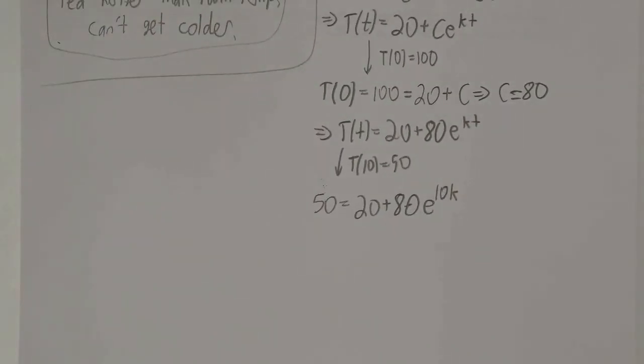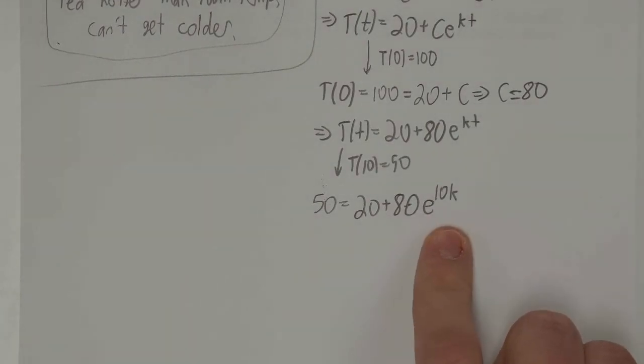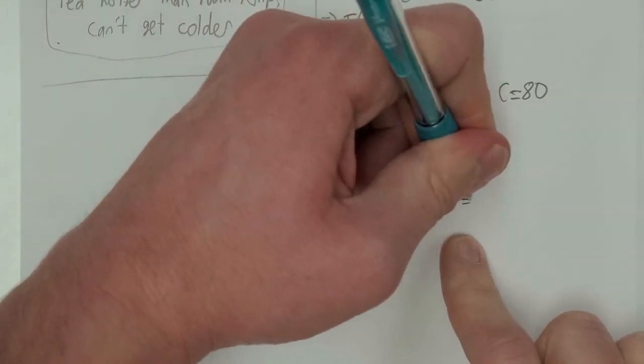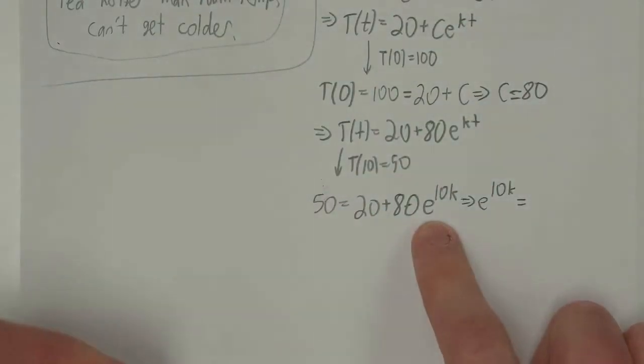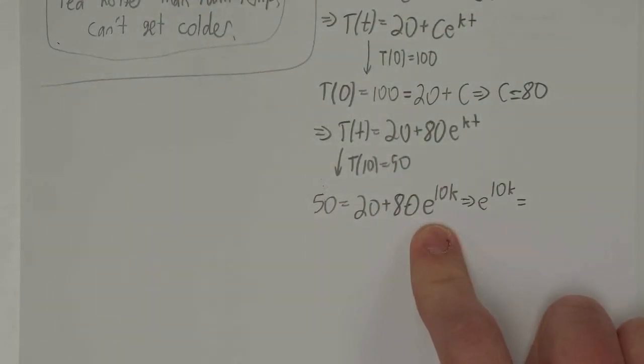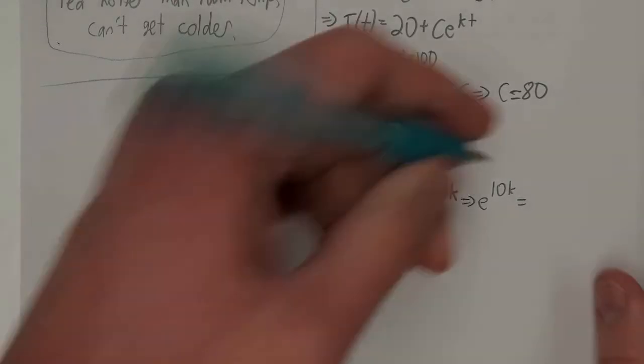So, if we go ahead and solve for k, let's see what we get. First off, if we first solve for e to the 10k here, we should get what nice fraction out of this? Yeah, just 3 over 8, right?